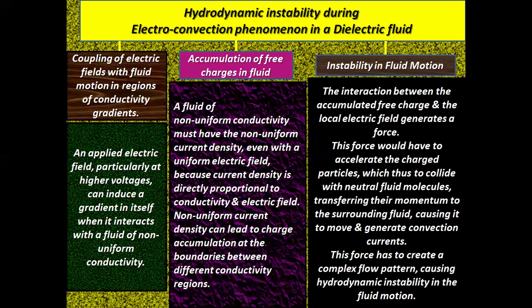This force would have to accelerate the charged particles, which thus collide with neutral fluid molecules, transferring their momentum to the surrounding fluid, causing it to move and generate convection currents. This force has to create a complex flow pattern, causing hydrodynamic instability in the fluid motion.